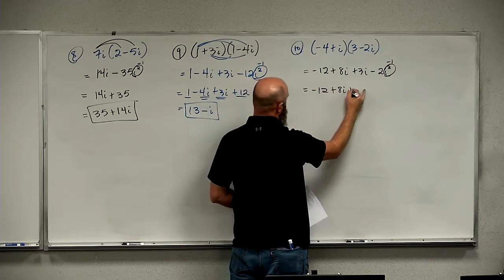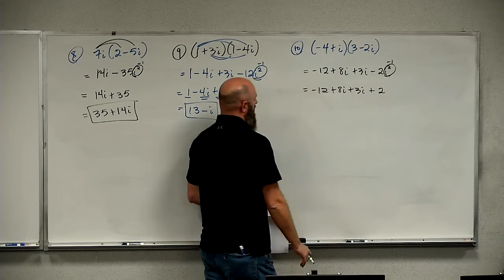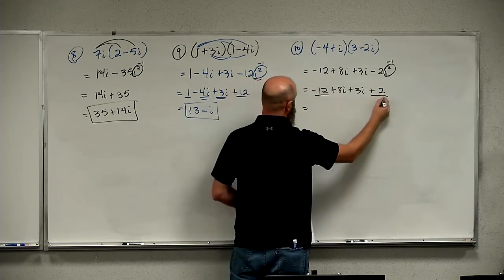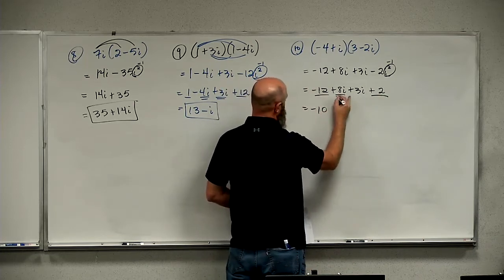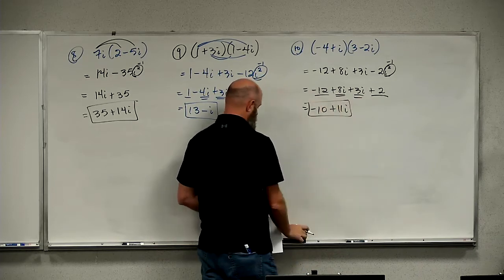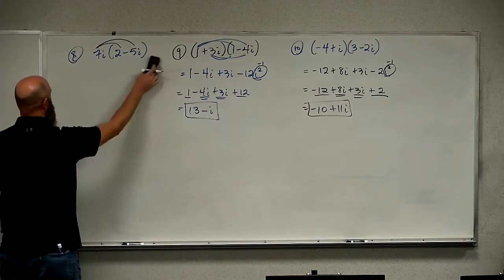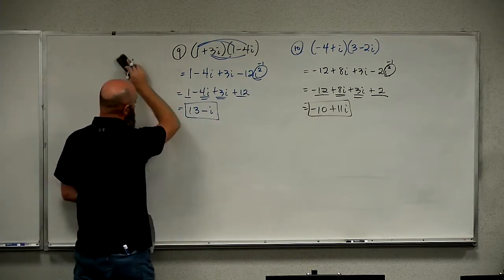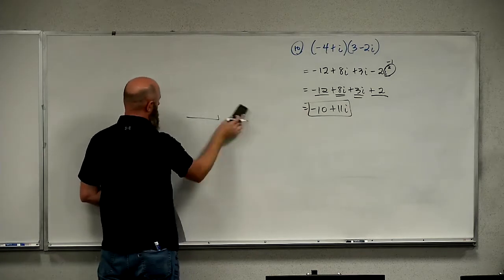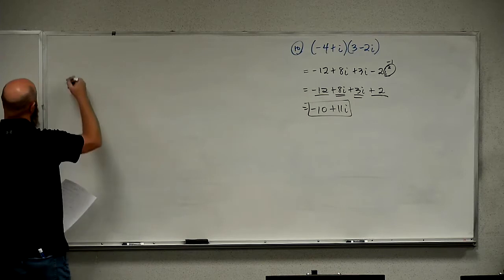So let me rewrite that problem. And so combining our like terms, we're going to get -10 plus 11i. So once we identify those powers, it's really the only difference that we have on those pieces, okay?